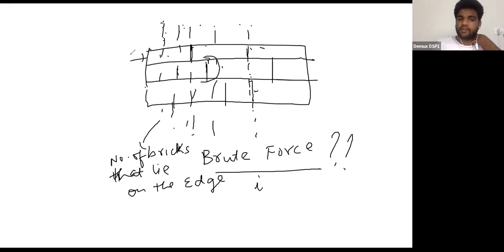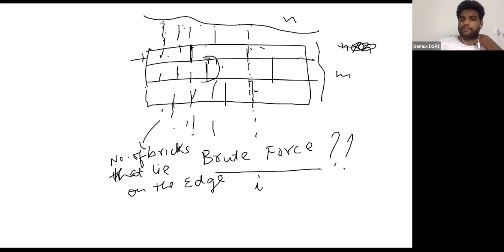Let's say this is n by n, just for simplicity. You can have n by m also. Let's say this is m and this is n. So for every n, you are going through n by m. So this brute force way of doing it is n into n into m.